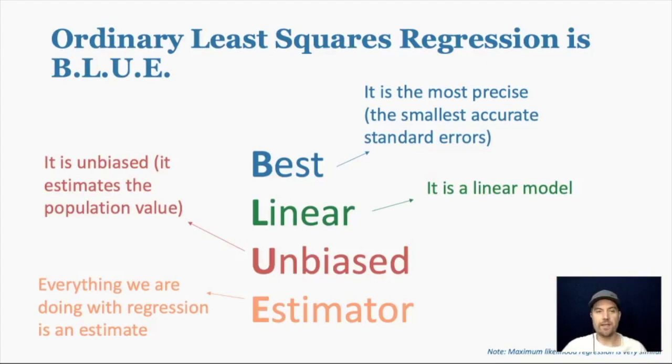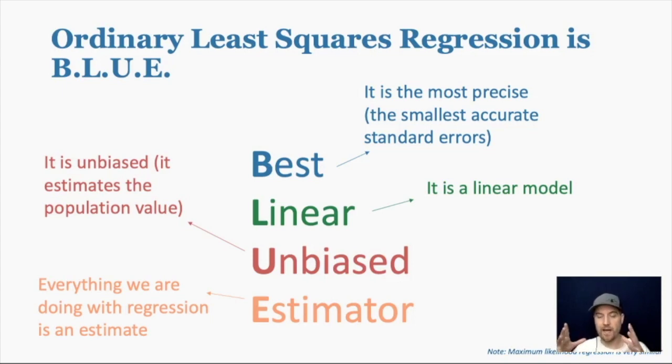One way to think about this is what people will say: ordinary least squares regression is BLUE. That stands for Best Linear Unbiased Estimator. And each of those has a very important meaning. Best means it's the most precise, with the smallest accurate standard errors.